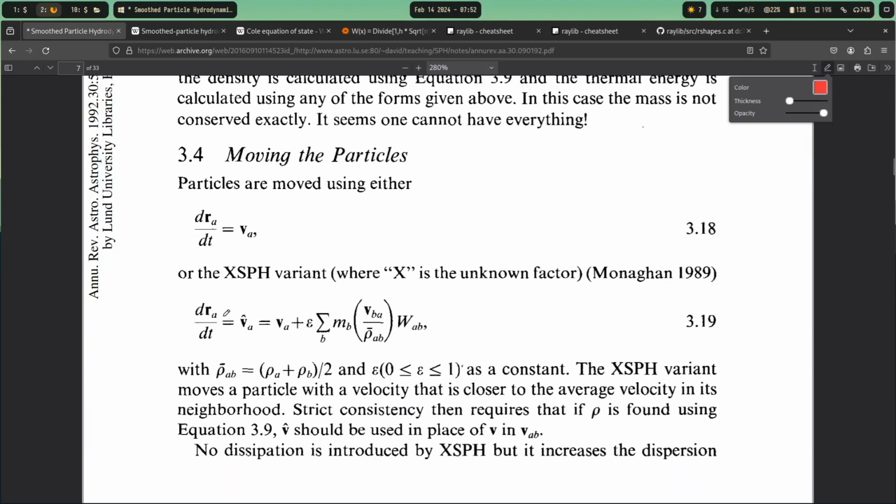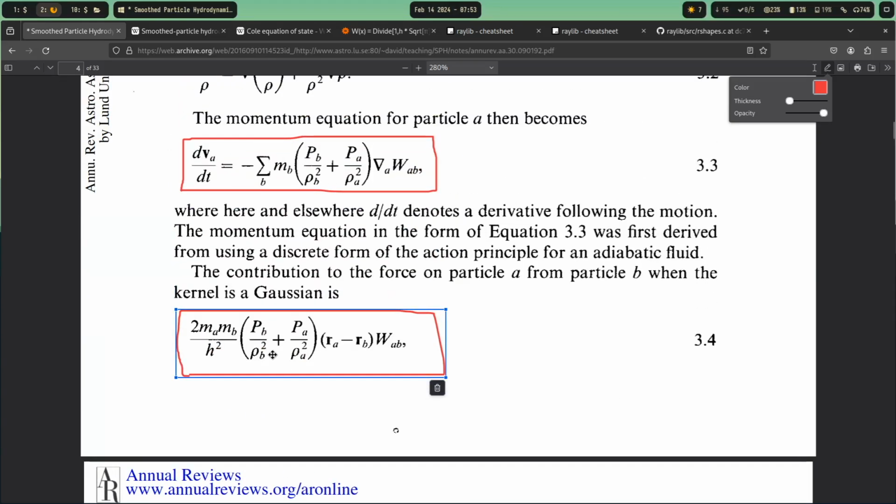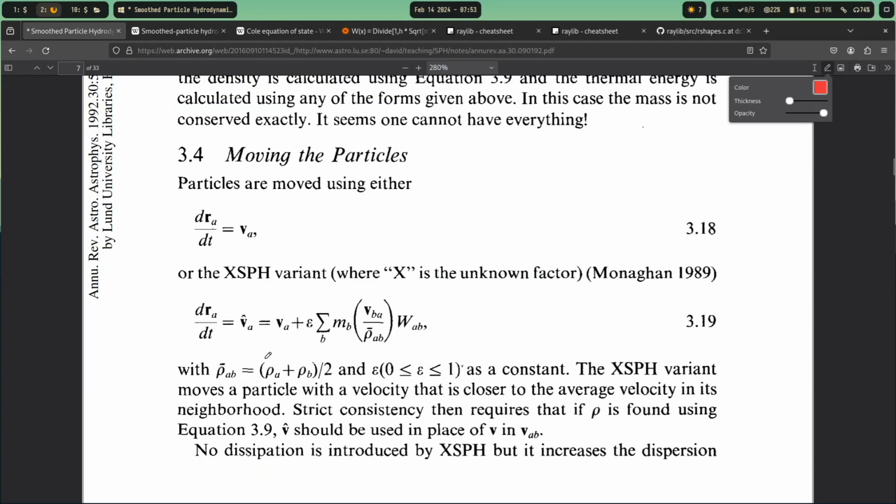Oh yeah, this thing moving the particles, right? This will be after. So let's see how we move them actually. So it's just with speed or by using the SX factor.